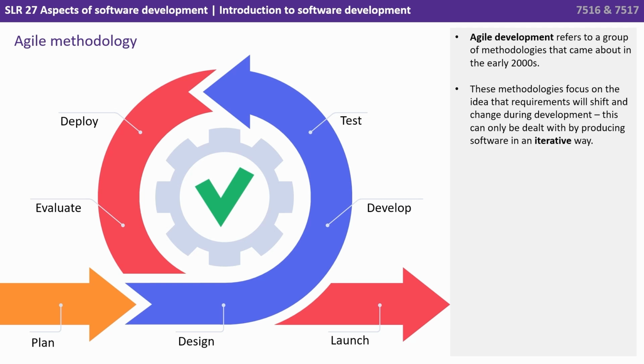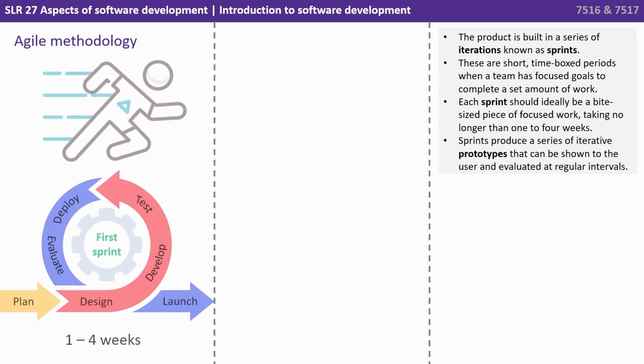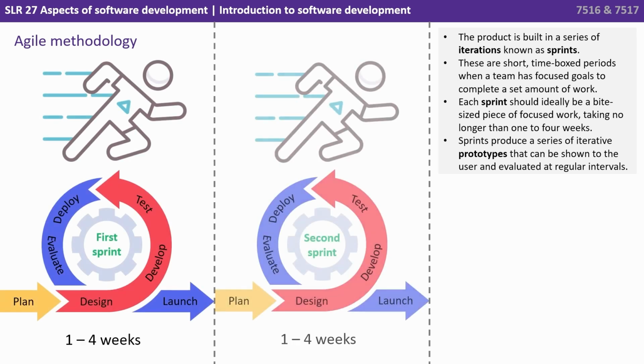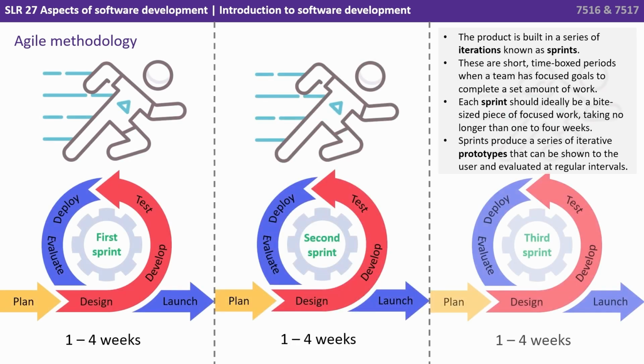Agile development refers to a group of methodologies that came about in the early 2000s. These methodologies focus on the idea that the requirements will shift and change during development, then evolve. This can only be dealt with by producing software in an iterative way. The product is built in a series of iterations, often known as sprints.